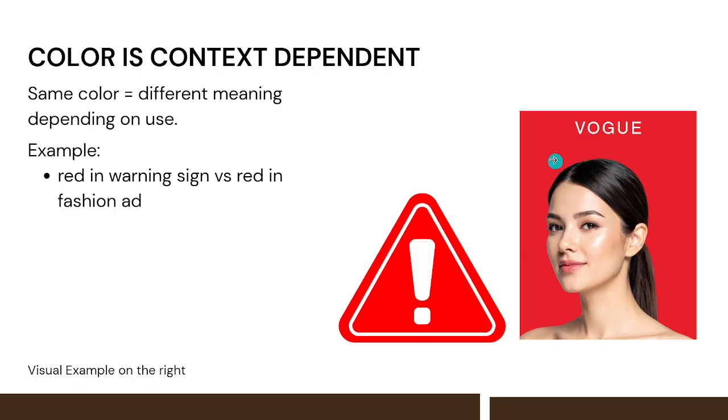While the same red is being used in a fashion advertisement to connote a sense of luxury, because here we can see Vogue, and the lady in the picture, so you can easily connect that this is a fashion ad.